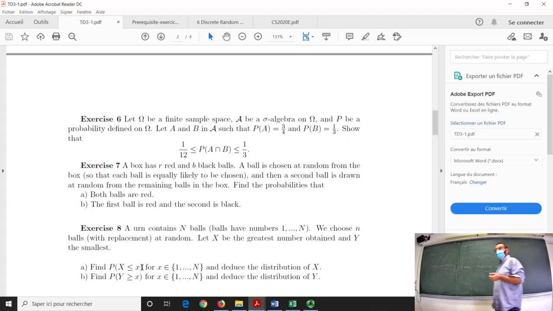So a probability is a number between 0 and 1. So if you have a number minus a probability, it will be greater than this number minus 1 for sure, because my probability is always less than 1.